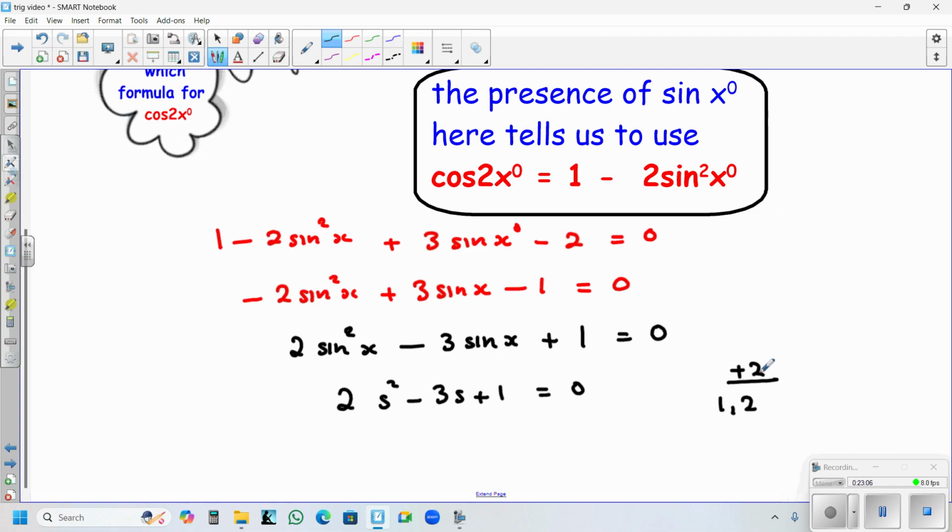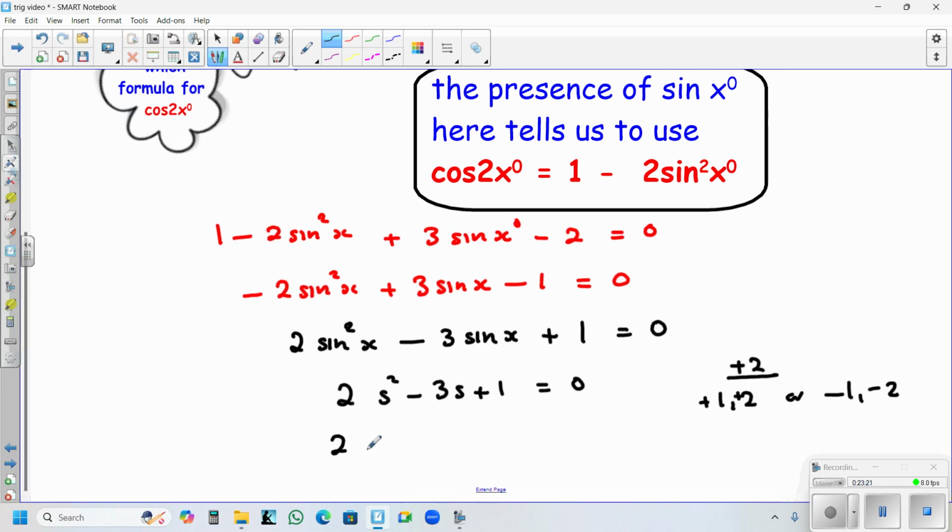Because it's positive, it tells me that they're both the same sign, so it's either plus 1 and plus 2, or negative 1 and negative 2. Because we've got negative in there, I know it's the negative ones. So 2s squared minus 1s minus 2s plus 1 is equal to 0.